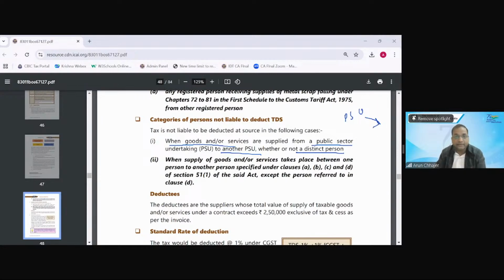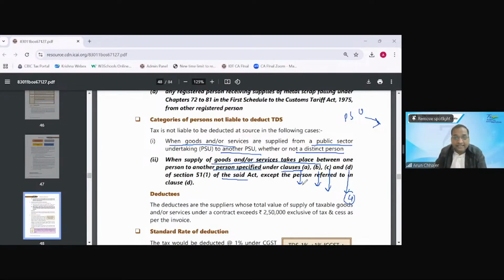Second, when supply of goods or services takes place between persons specified in clause A, मतलब central government और state government की कोई authority, clause B means local authority, clause C means government agencies, and clause D means वो चार लोग.